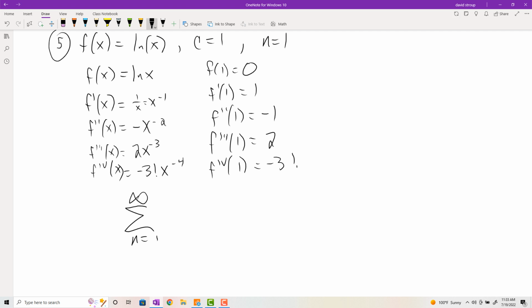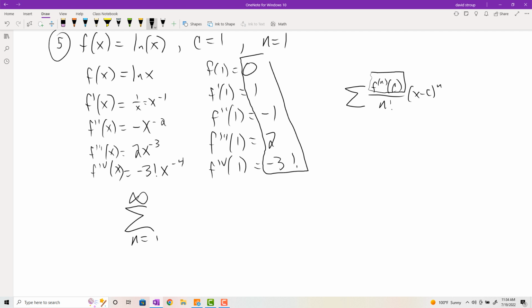So normally your summation would look like this: f^(n) of c all over n factorial times x minus c to the n. Okay, so I basically need a formula for the nth derivative evaluated at c, which is this sequence of values. And if you notice one thing, it's alternating.